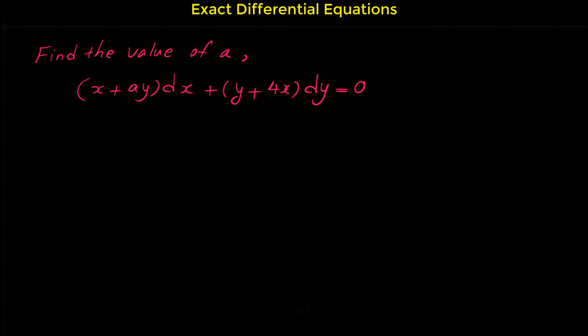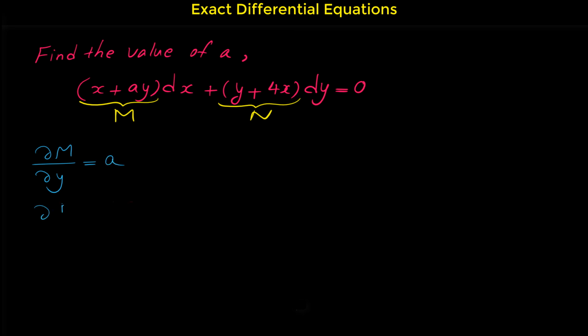We know that a differential equation is an exact differential equation if the partial derivative of m with respect to y equals the partial derivative of n with respect to x. The partial derivative of m with respect to y equals derivative of x is 0 with respect to y, and derivative of ay with respect to y is a.